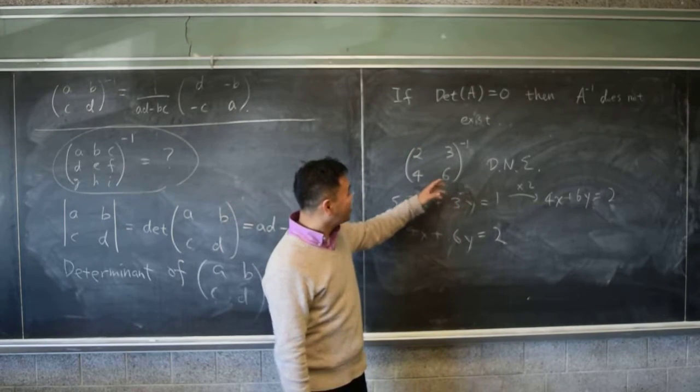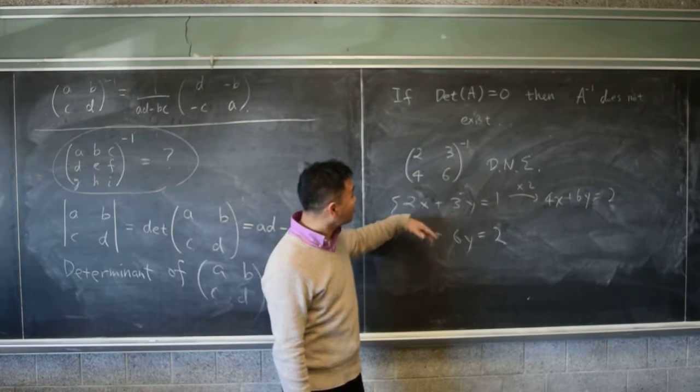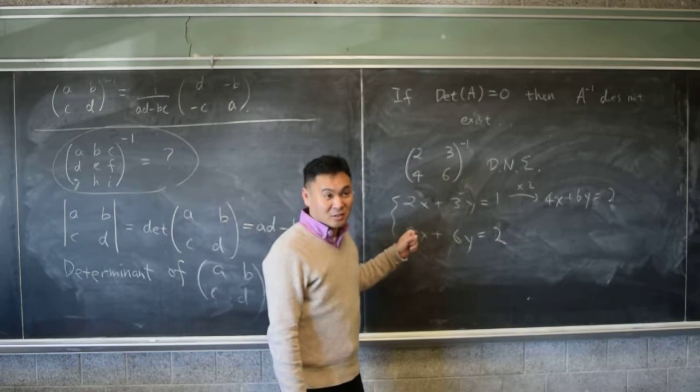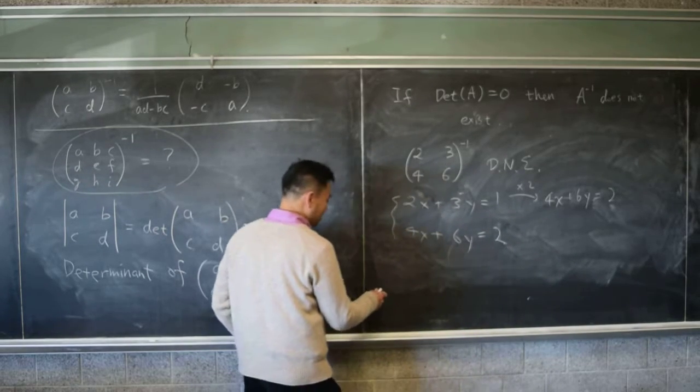Okay, so in terms of systems, if the determinant is 0, then we know that the solution either doesn't exist or there are infinitely many solutions. Maybe I should write that. Okay.